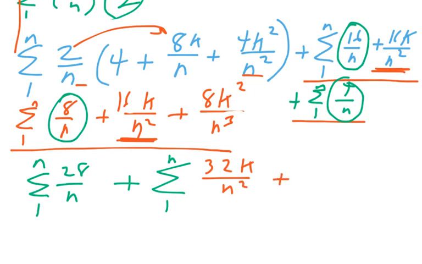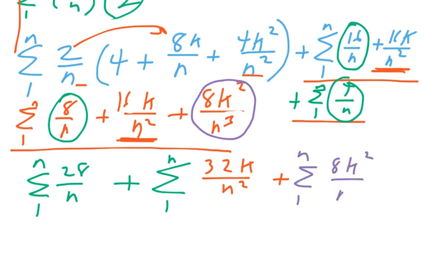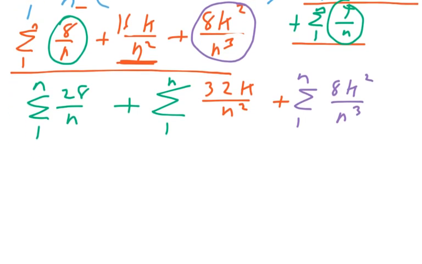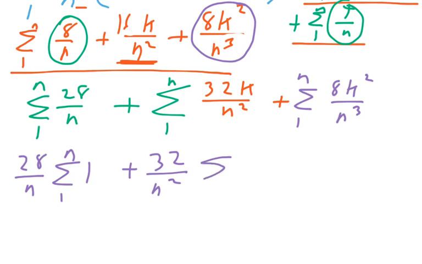The only thing that we haven't used yet is this guy. So we got 8k squared over n cubed. Pull out anything that's not a k. So if I pulled everything else out, I'm left with 1. Over here, I'm left with k. And here I'm left with k squared.